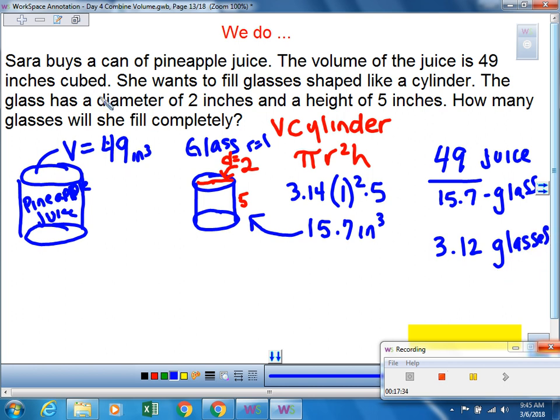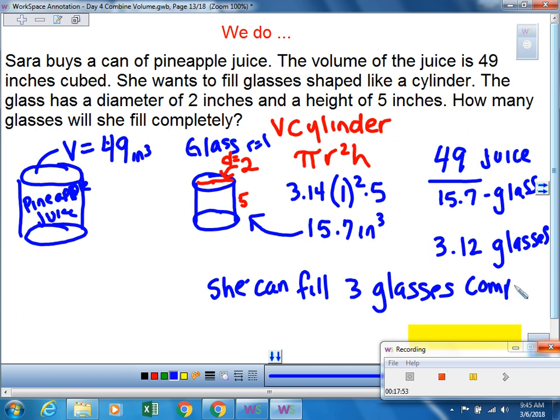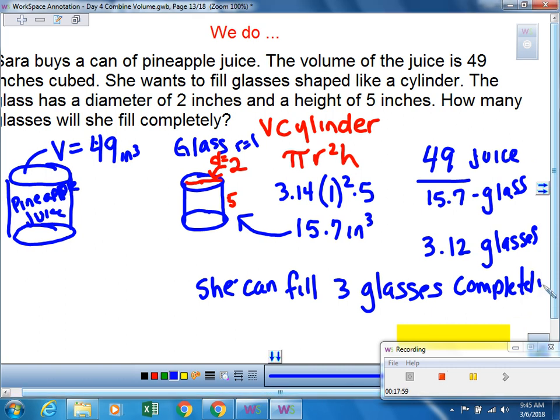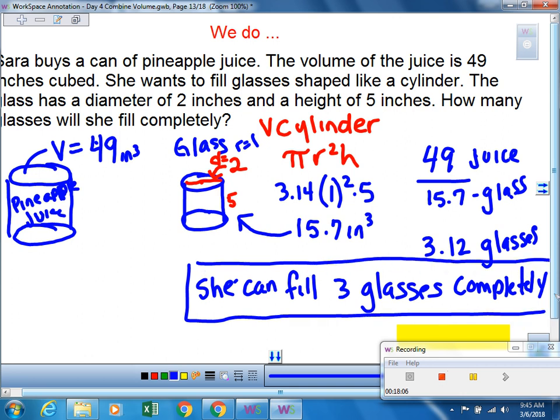No. No, because I want to know how much you can fill completely. So she can fill, so write it out, she can fill 3 glasses completely. So there's your answer. And then she's going to have a little bit left over. That 0.12 cubic inches.